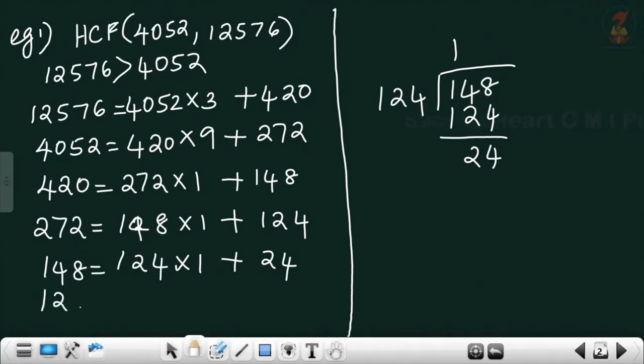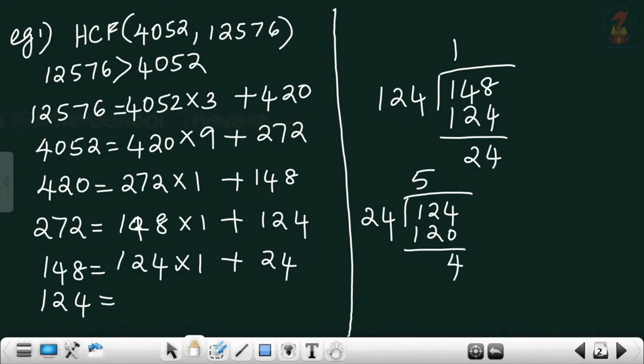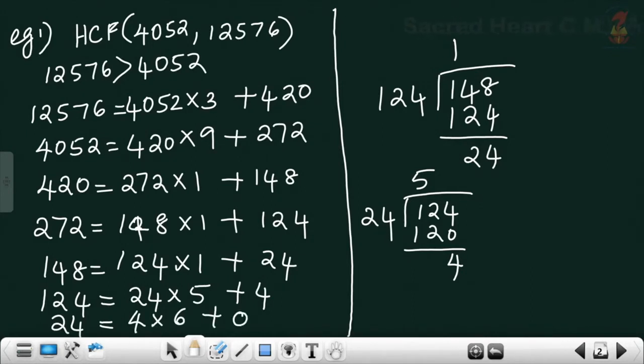Then write 124 in terms of 24. 124 divided by 24, 5 times is 120. So, 4 is the remainder. 124 is equal to 24 into 5 plus 4. Next, write 24 in terms of 4. So, 4 into 6 plus 0. So, the remainder is 0.